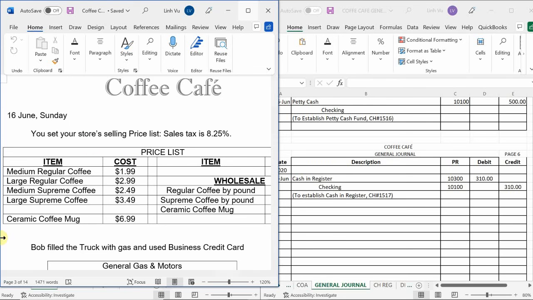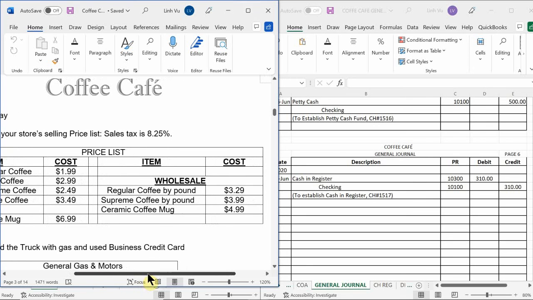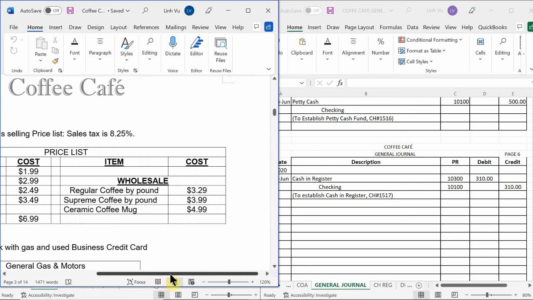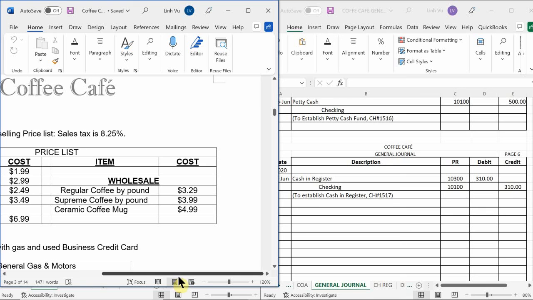Now, we also have a price for wholesalers. So again, for our sales representative, Mr. Albert Allen, if you remember him, he's going to be in charge of selling to customers by the pound, right? Because he's acting as a wholesaler to these other smaller coffee shop places, okay? So he's going to be selling the regular coffee by the pound for $3.29.